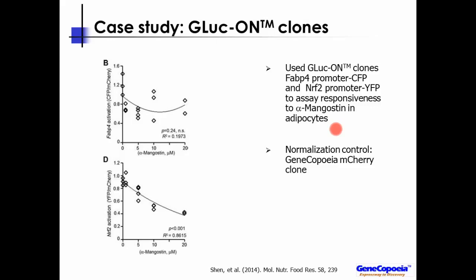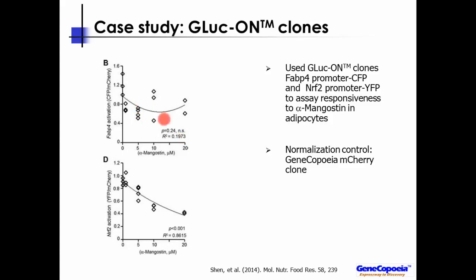Now, alpha-mangosteen is actually a compound from mangoes, and so this group was studying in what way this mango compound influenced gene expression. This is data from the paper.